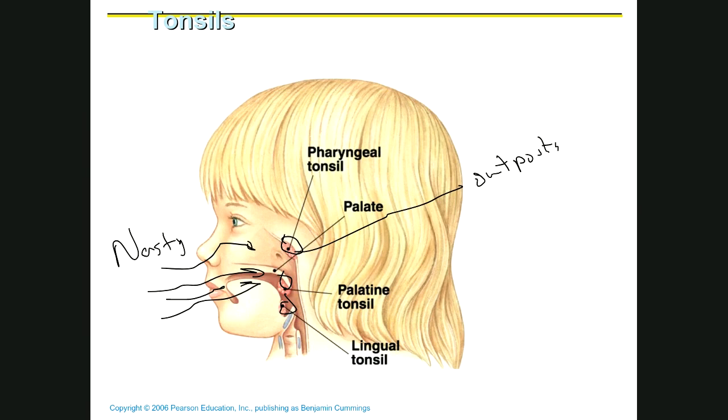And they have tons of white blood cells in them. And so they can activate the immune system against this stuff that's coming in. And they help to fight off and prevent infection.